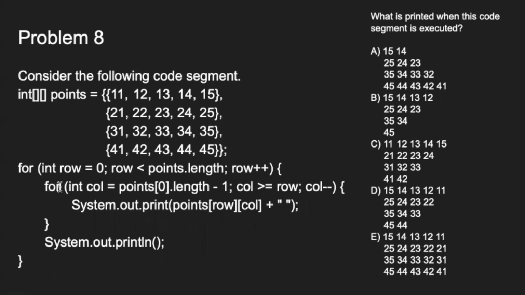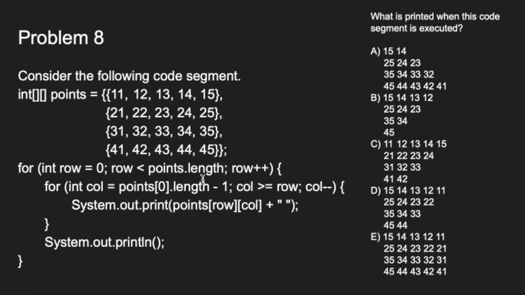Then for int column equals points[0].length minus 1, that's just the length of a row in the array, and column is greater than or equal to row, column minus minus.